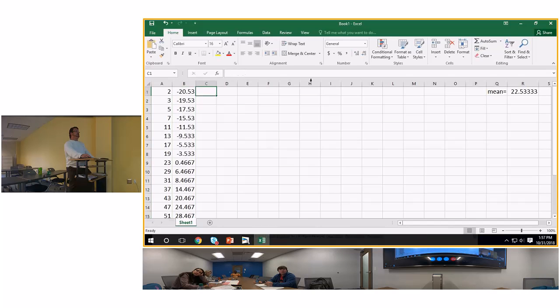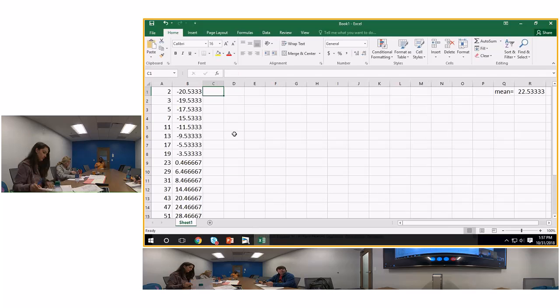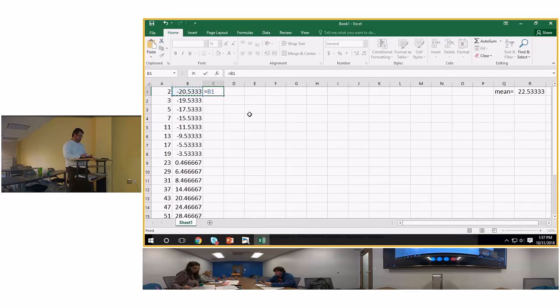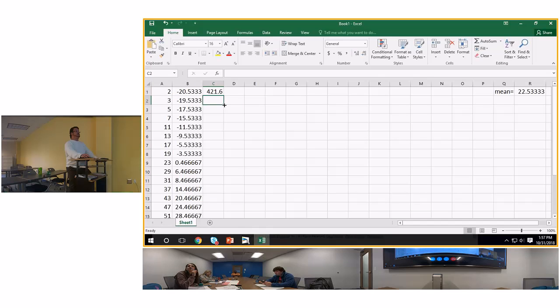And then the third column, what do we do? We square each one of these, and that makes them all positive. So those are the numbers you should have for your variance.